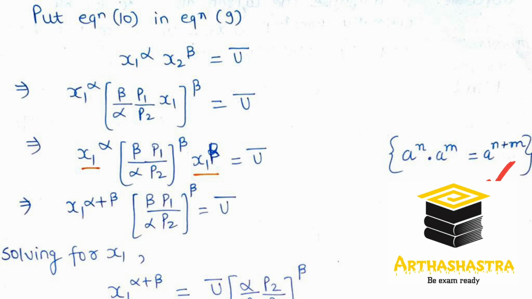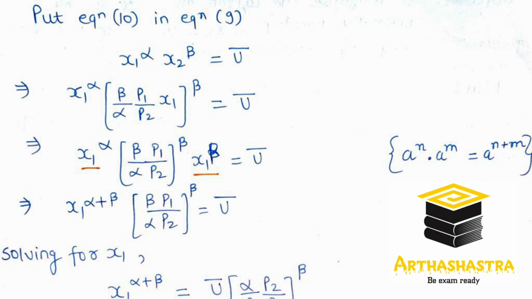So applying the same rule, we can add the powers alpha plus beta as the base x1 is the same. So we get x1 raised to the power alpha plus beta into beta times p1 over alpha times p2, whole raised to the power beta, equals u bar.